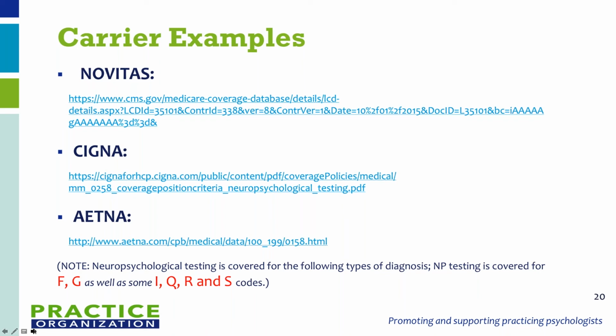Now, here's my goal. There are 21 chapters. I believe we should work in all 21 worlds. So I hope that one day we, as psychologists, with appropriate training and scope of licensing being within limits, will have access to all the chapters, all the, if you will, 7,000 different codes that we could use. But in this particular case, we have to live in the F, G, I, Q, R, and S worlds.